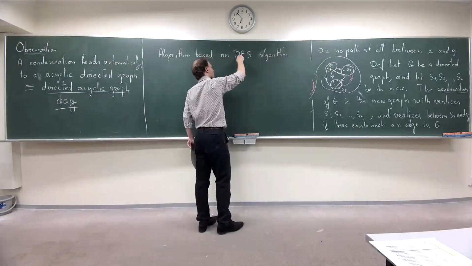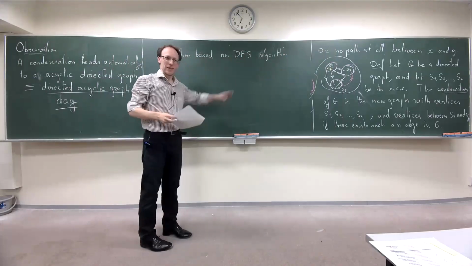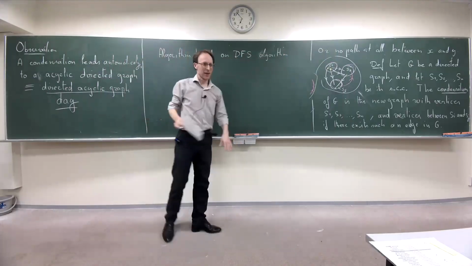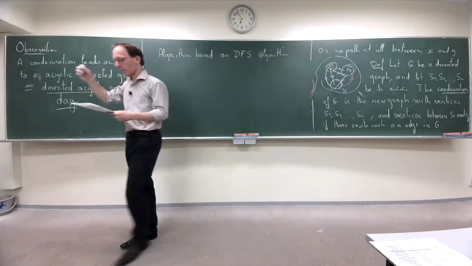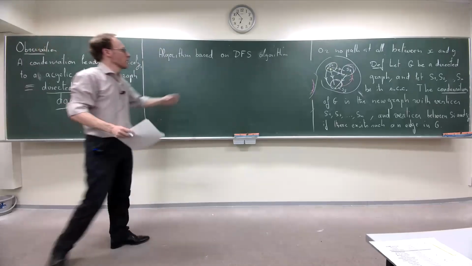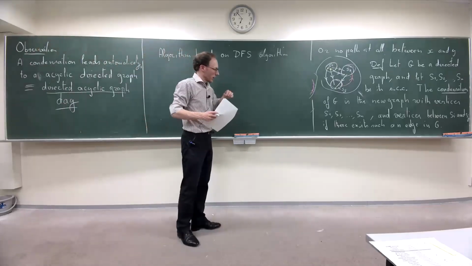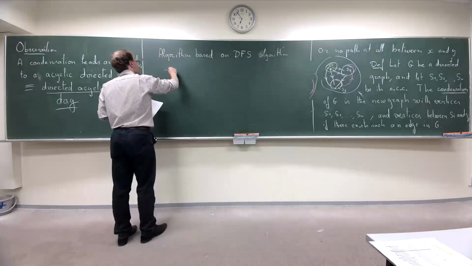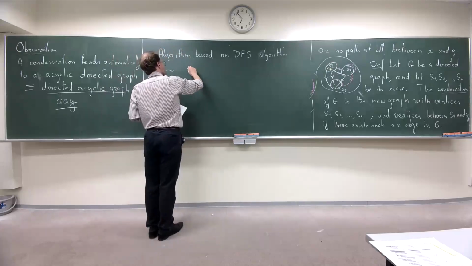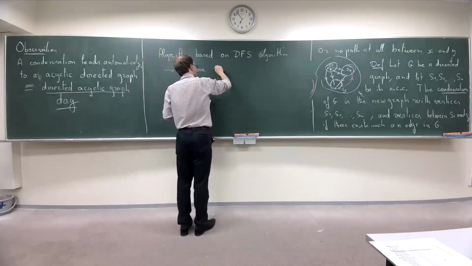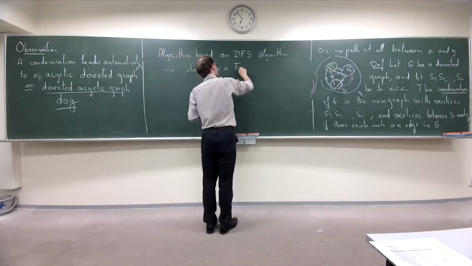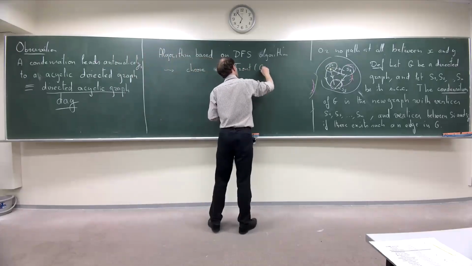Depth first search. So you have to come back to chapter 3 or 4 about this algorithm. So what is inside this algorithm? Whenever you have to choose a new edge, choose e inside this set.